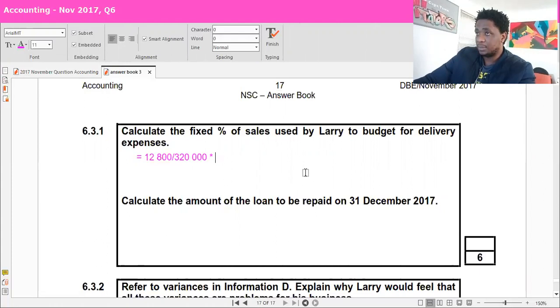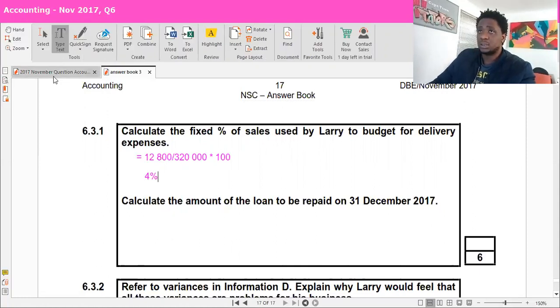Obviously you times that by 100, and then you would get 4%. All right. Now calculate the amount of the loan to be repaid on 31 December 2017. All right. Let's go.